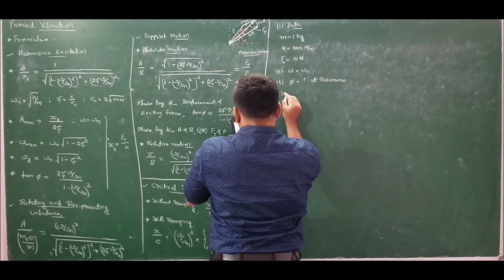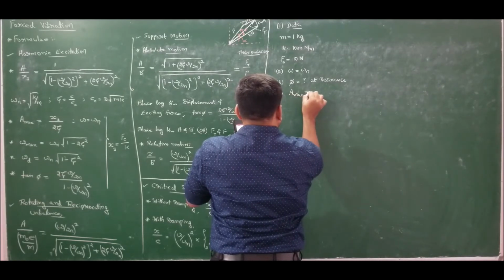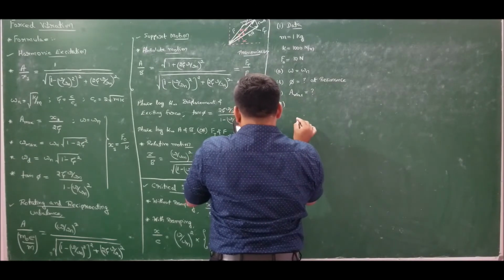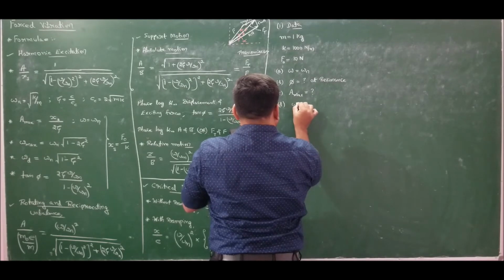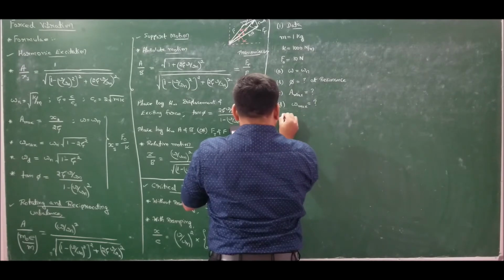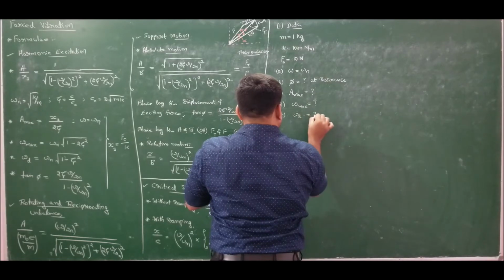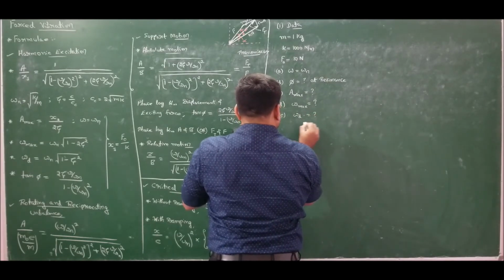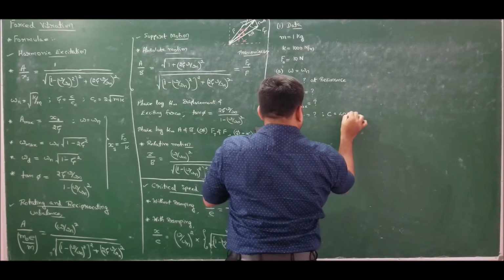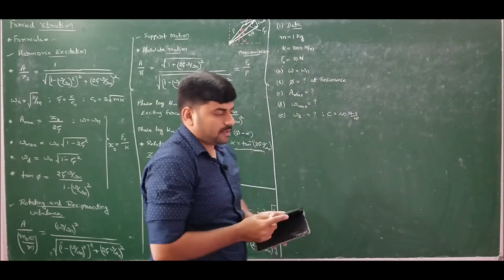Then he has asked C. the amplitude at resonance, that is A max. D. the frequency corresponding to peak amplitude, that is omega max. And E, find damped frequency, omega damped. He has given the value of C. C can be taken as 40 Newton second per meter.